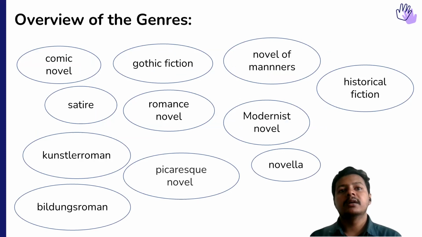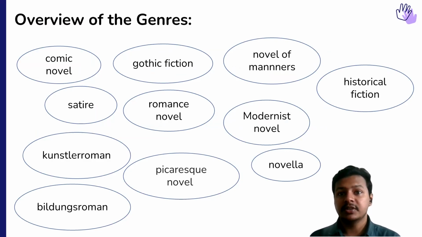Here is a very brief overview of the genres that we are going to discuss. So we have novels that fall within the comic novel category, satire, novels that deal with the development of characters from a young age into an adult. So as we said, there is Kunstlerroman, Bildungsroman. There are picaresque novels, modernist.